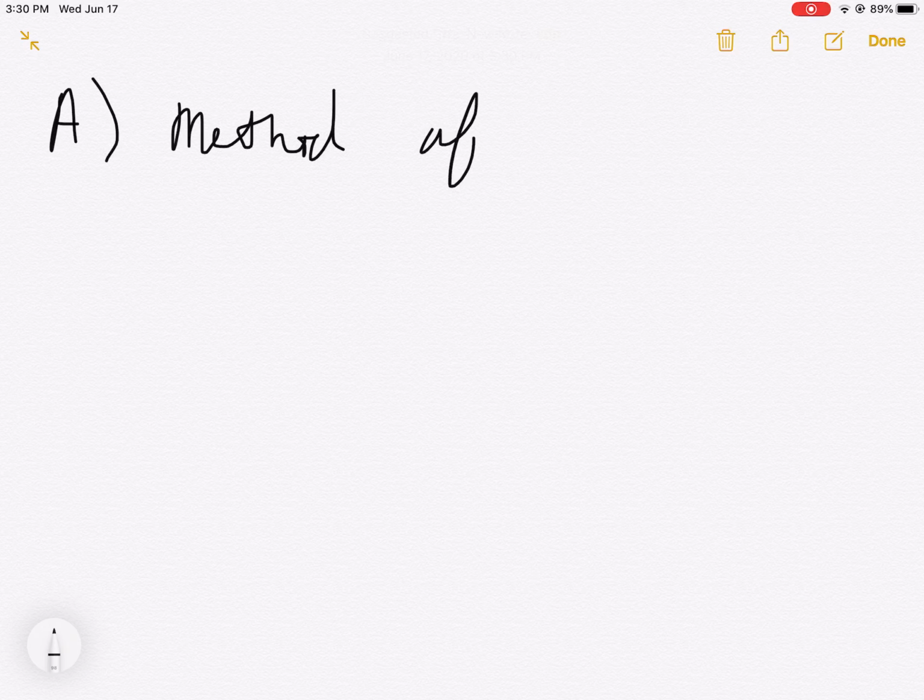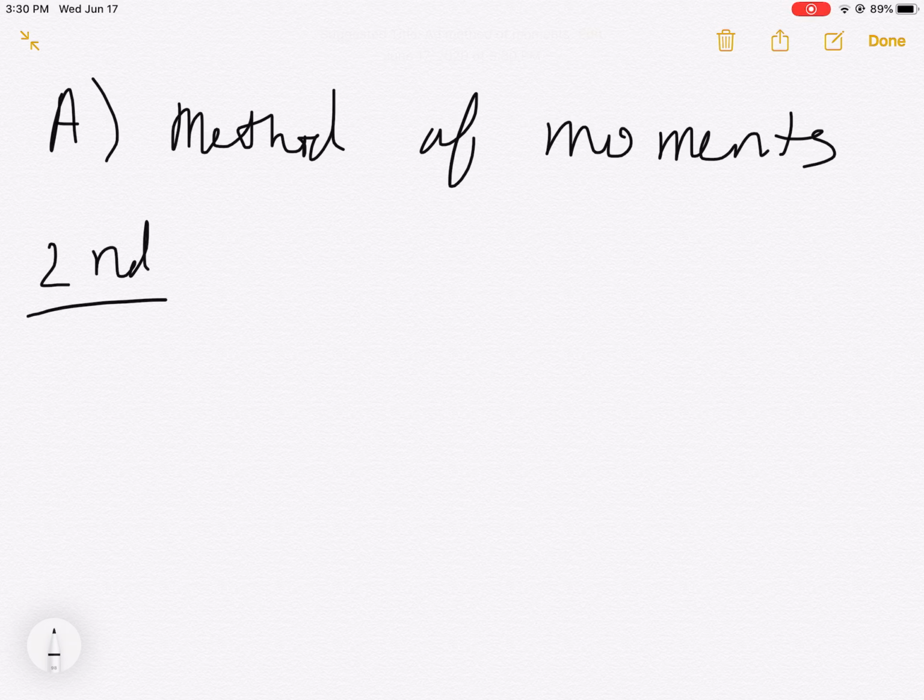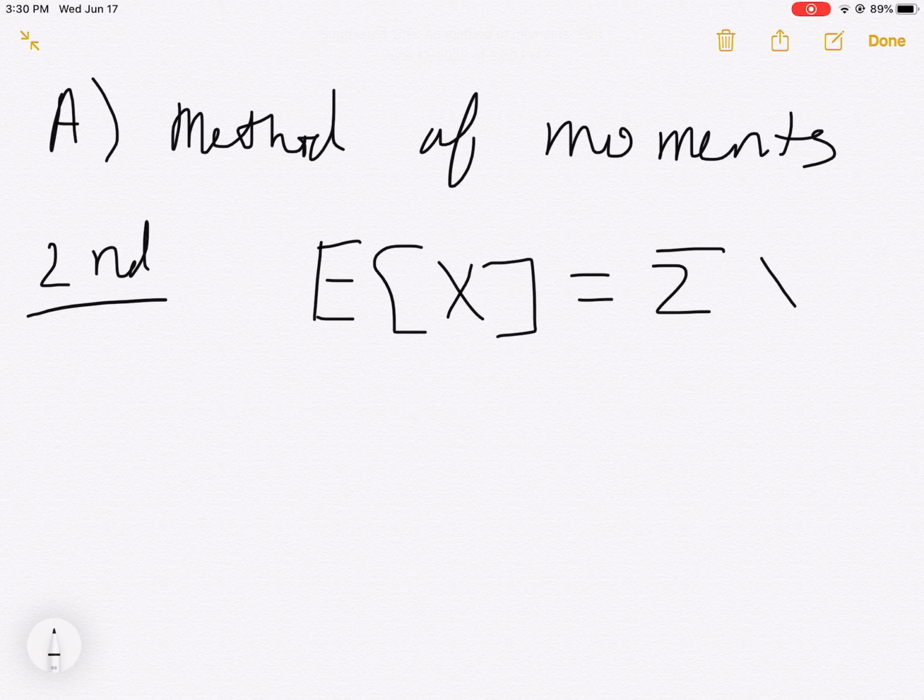So let's do the method of moments. The second step, because we've already done the first, is just to calculate E of X and set this equal to the summation of xi from i equals 1 to n divided by n.